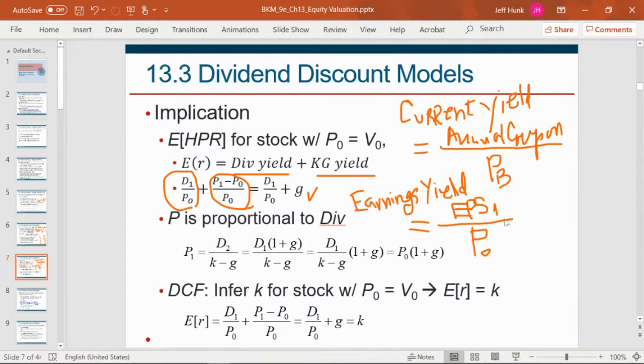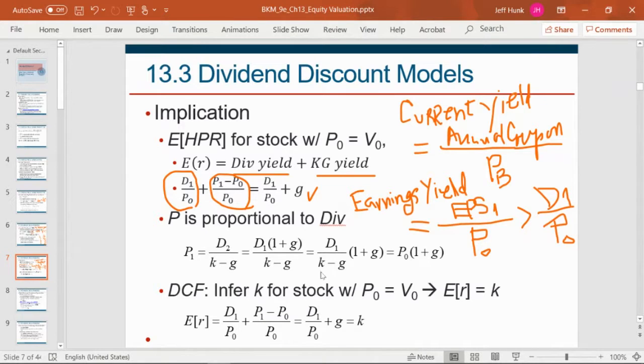But if you think about it, dividend is part of the earnings per share. So earnings yield is always supposed to be greater than dividend yield. Mathematically, it's bound to be greater than dividend yield, unless they pay out 100% of earnings as dividend, right?